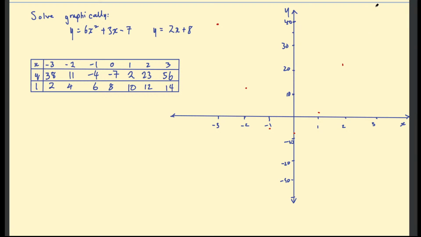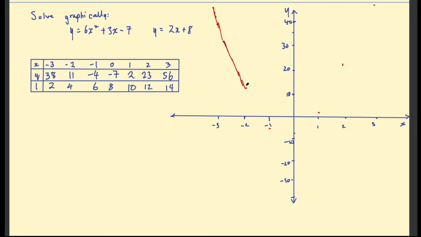Okay, so I didn't quite get that one on the graph, but you can see the general shape of the quadratic. And the vertex is somewhere close to the y-axis, I seem to remember from my previous working out.